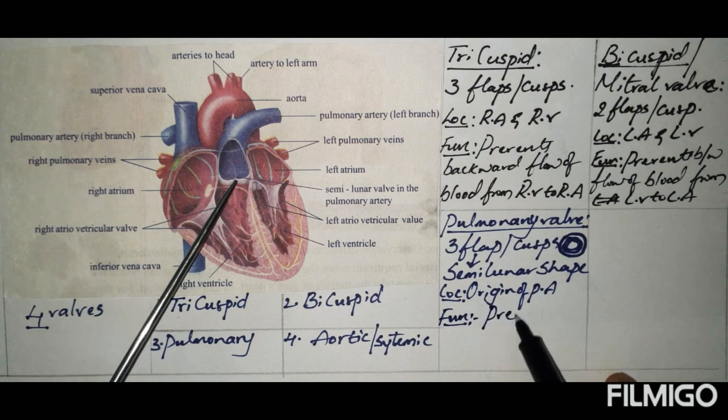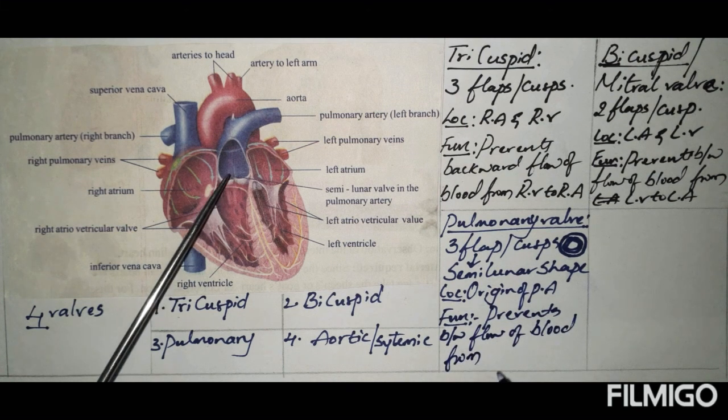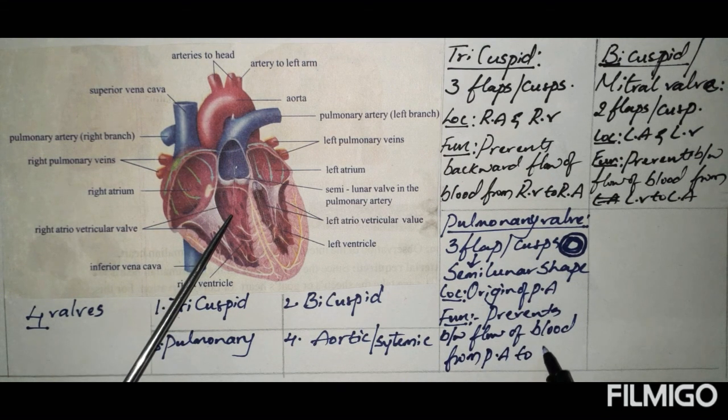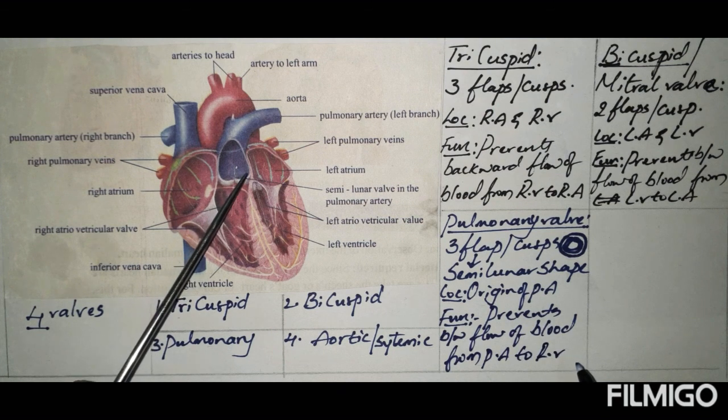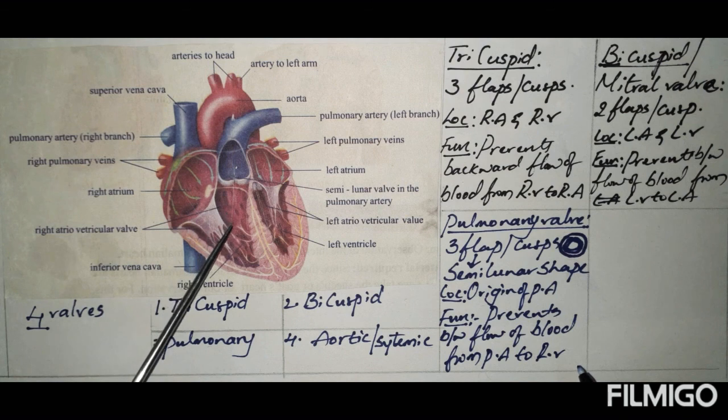It prevents backward flow of blood from pulmonary artery to right ventricle. It prevents the backward flow of blood from pulmonary artery into the right ventricle.